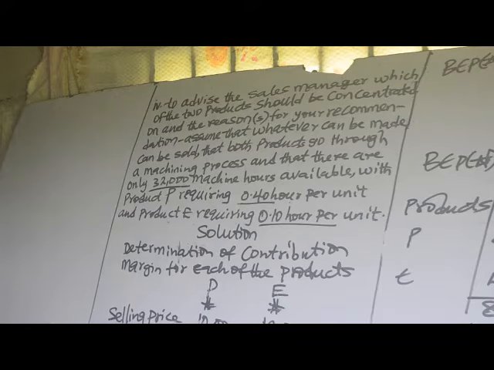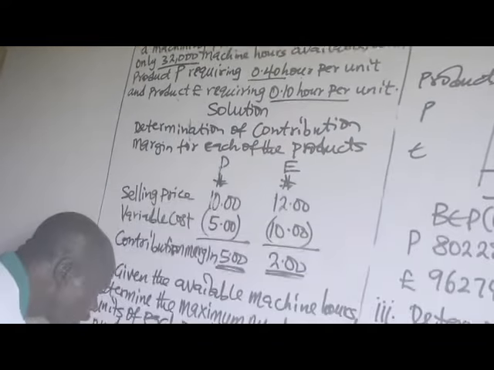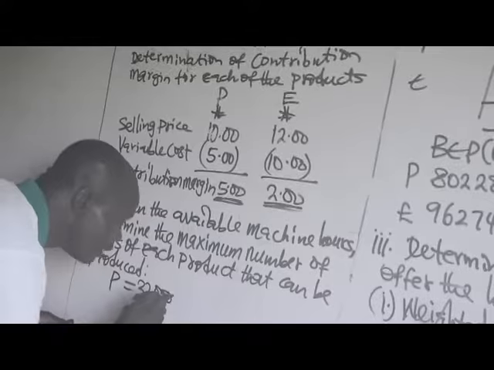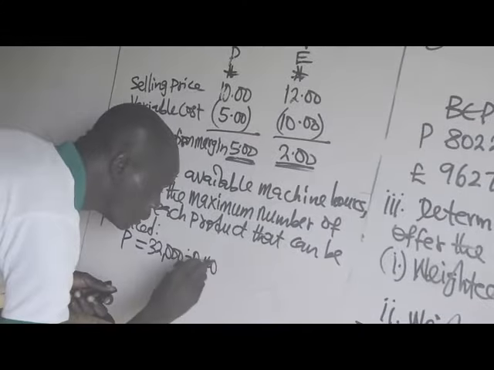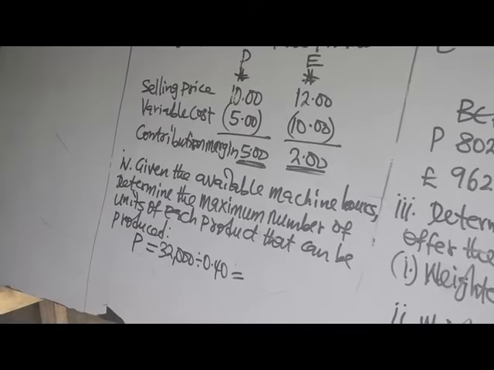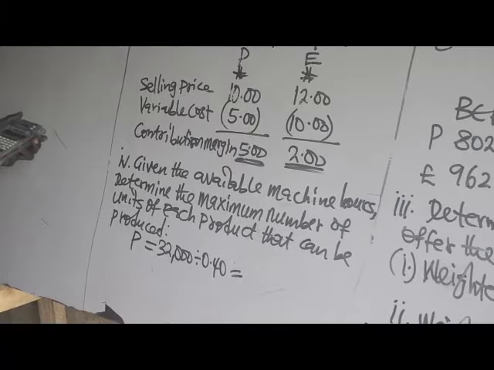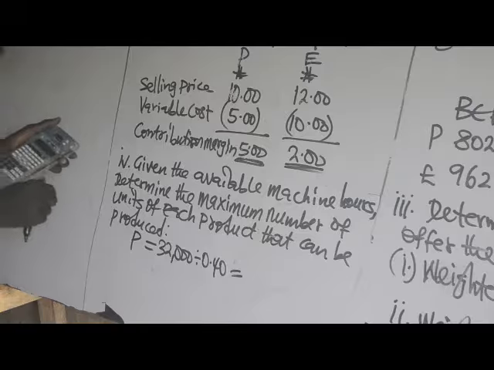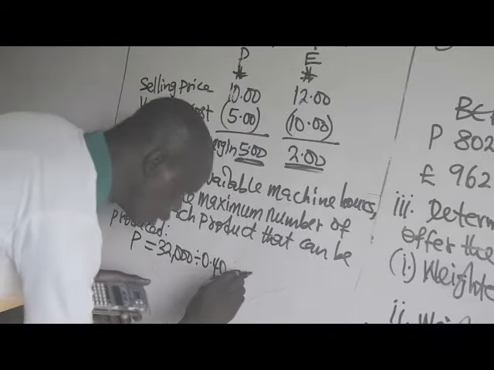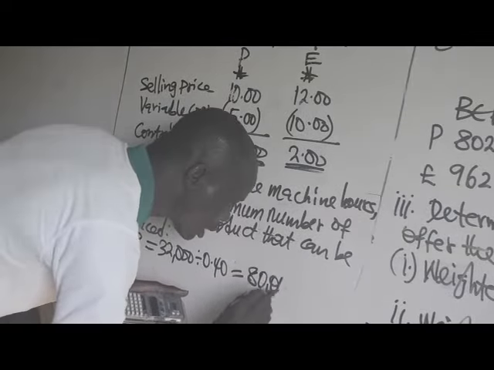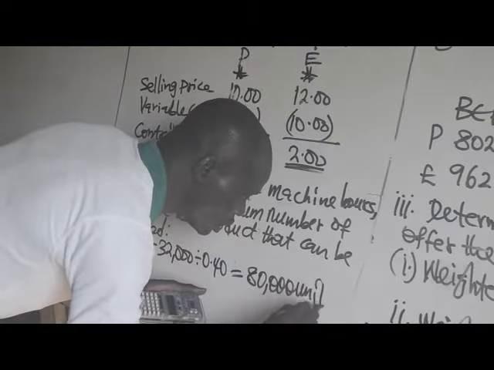So for product P, we have 32,000 divided by 0.40. That gives us 80,000 units.